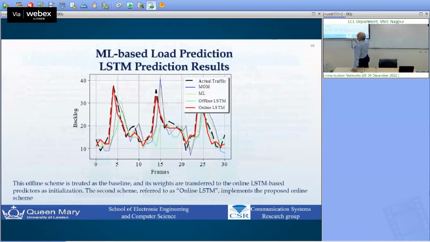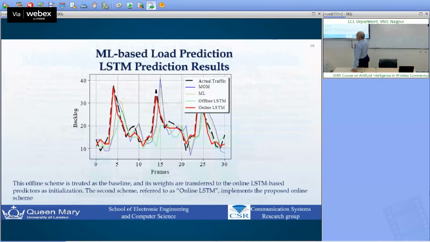So the red one perfectly predicts the actual load. How about the offline one? The offline one is the baseline scheme. It is a trained network.